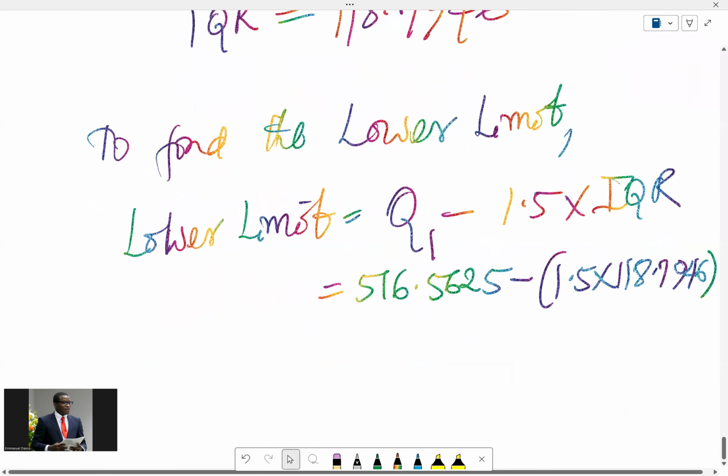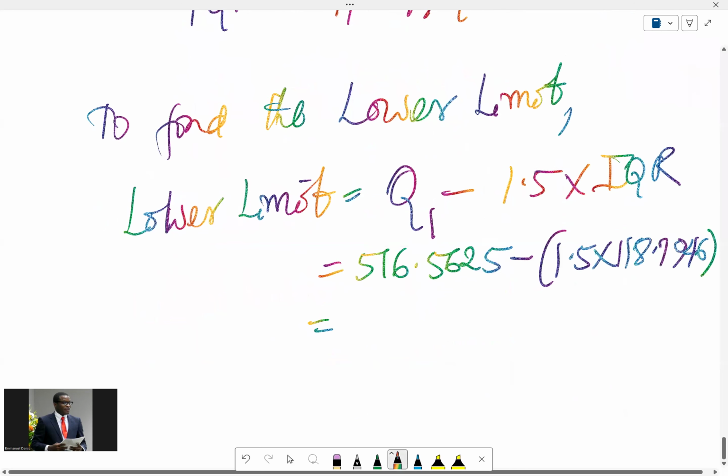So that is equal to 516.5625 minus 1.5 times 118.7946.